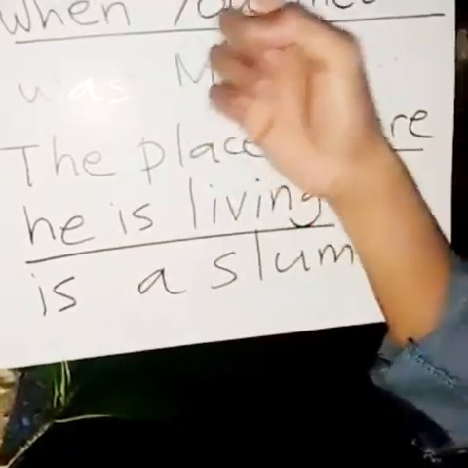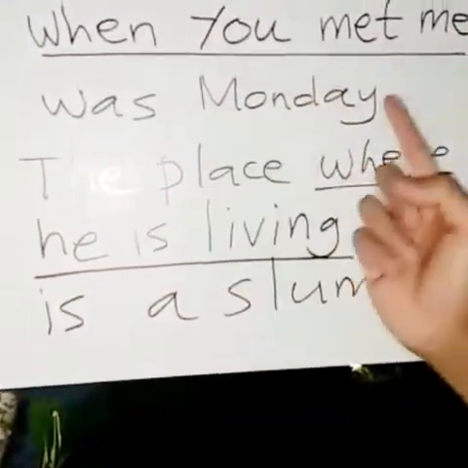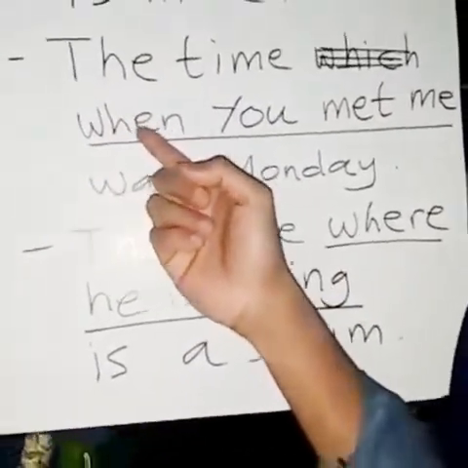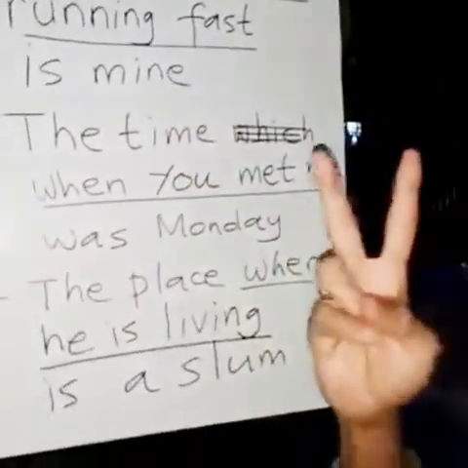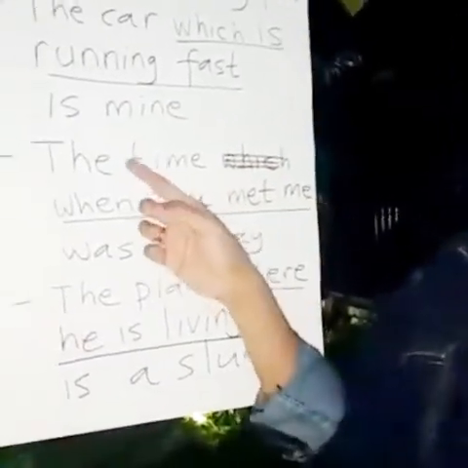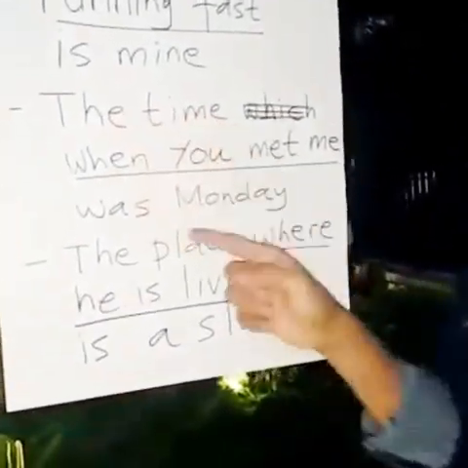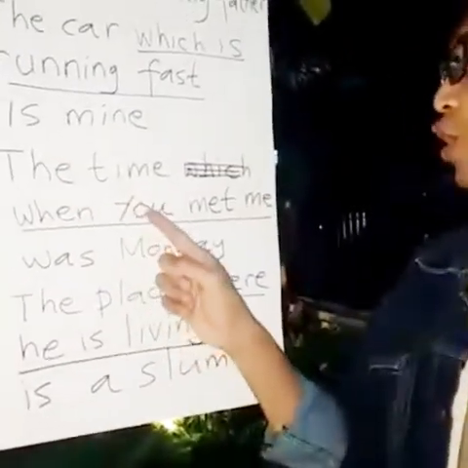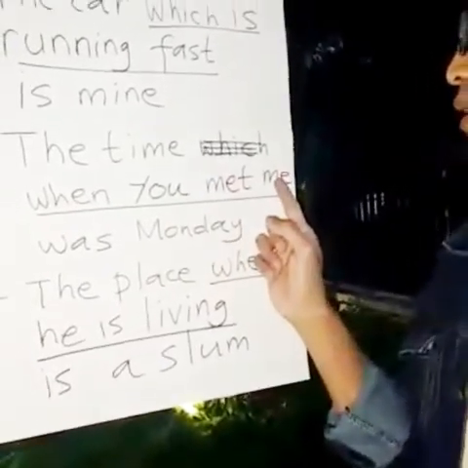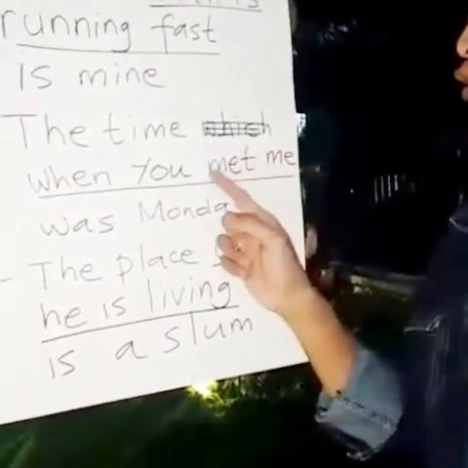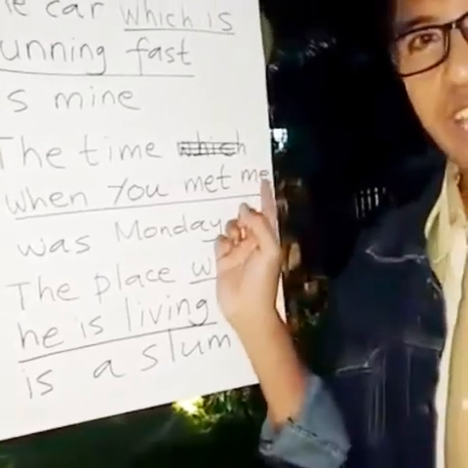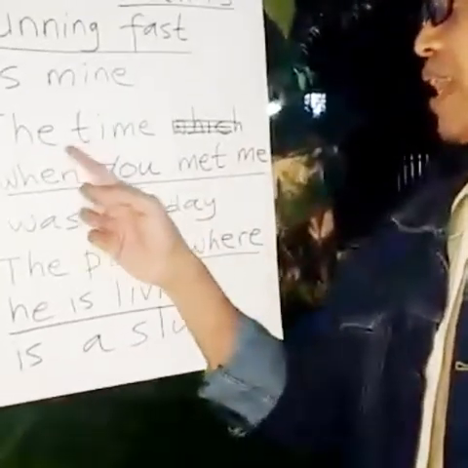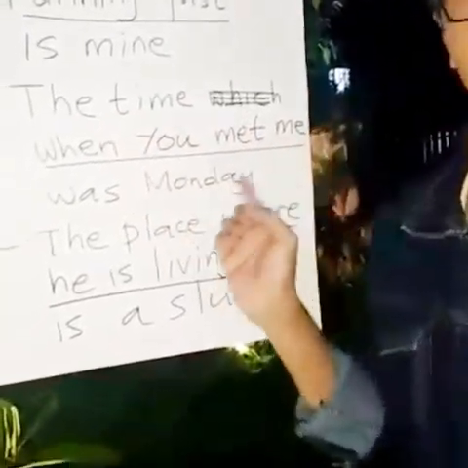The time when you met me was Monday. Remember, when refers to the time. Actually, there are two sentences in this example. Sentence 1, the time was Monday. And then the second sentence, you met me on the day. The day here, of course, is Monday. So we say the time when you met me was Monday.